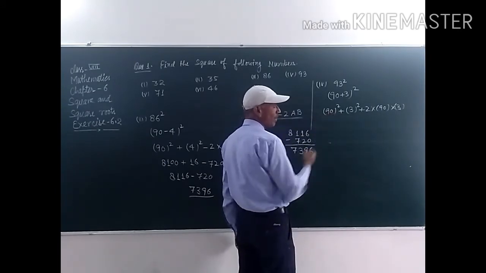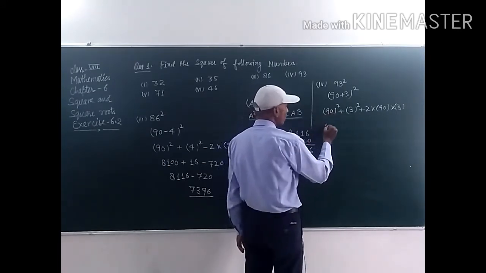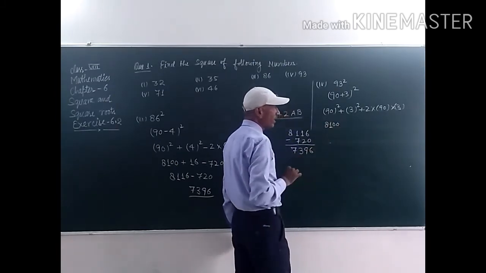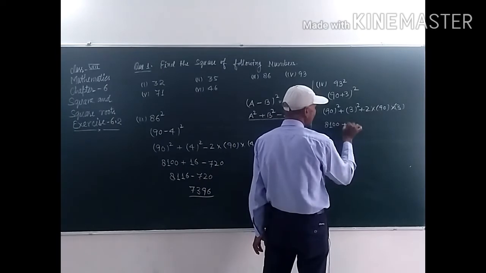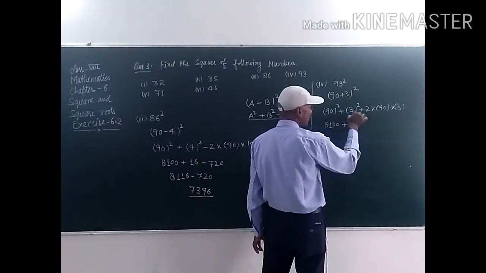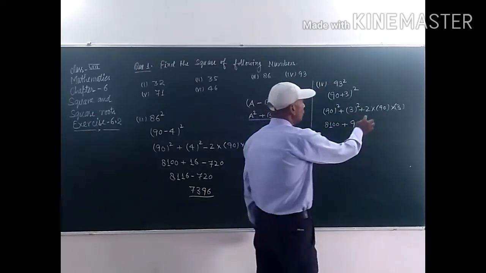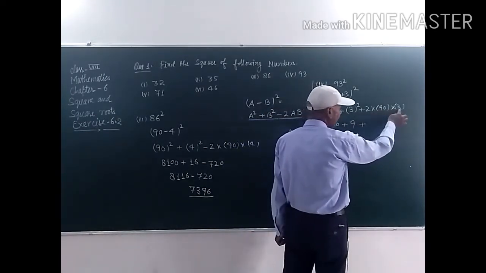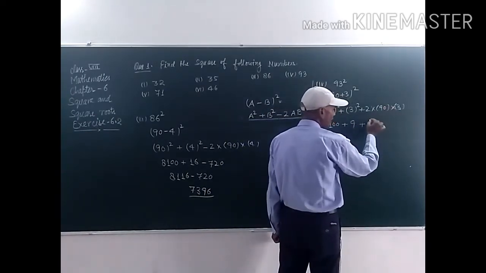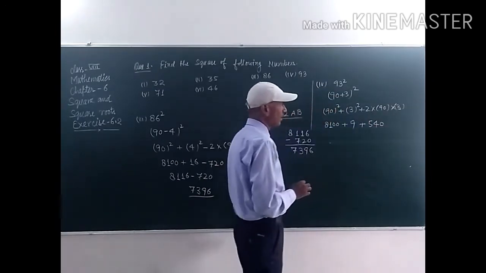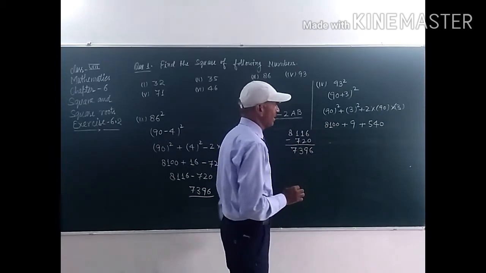Clear student? Now 9 9s are 81 and followed by 1 zero. So in the square it will be followed by 2 zeros. So 8100, 8100 plus this one, 3 3s are 9, square of 3 will be 9, plus 2 9s are 18, 3 18s are 54 followed by 1 zero, that will be 540. Clear student? Now we have to add these numbers.